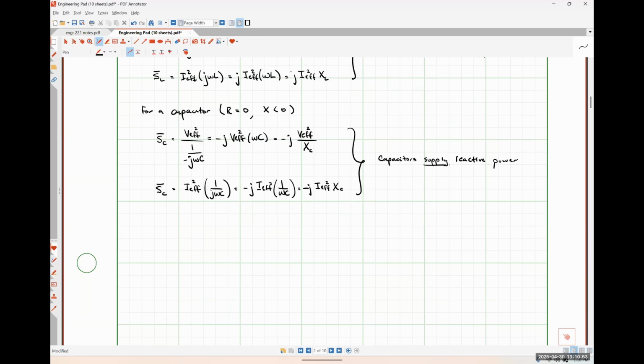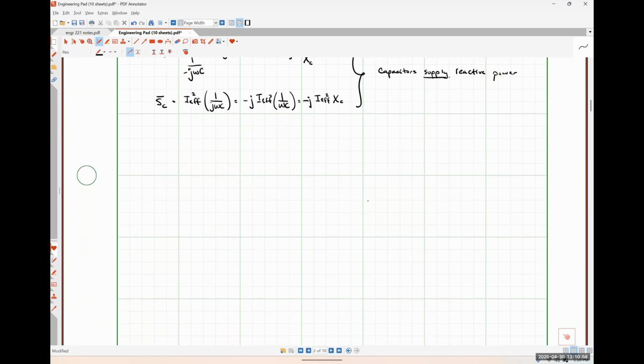So let's talk about power factor as a quantity now. So mathematically, our power factor, PF, is simply the ratio of our average power, P, divided by our apparent power, the magnitude of S, our complex power.